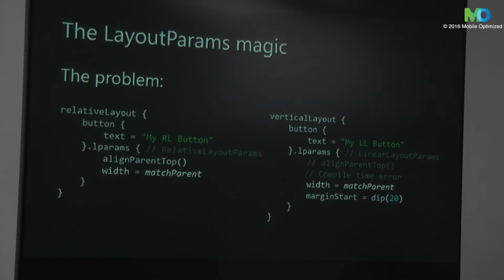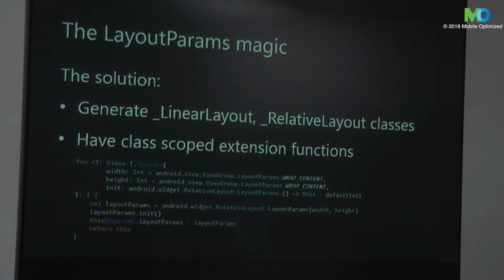And while you can write align parent top when you are inside the relative layout and use this params method, you cannot write it in the vertical layout because it is a compile time error, because the code actually knows that you don't have a relative layout outside, but a vertical layout, and it is achieved by generating these underscore linear layout and relative layout classes.